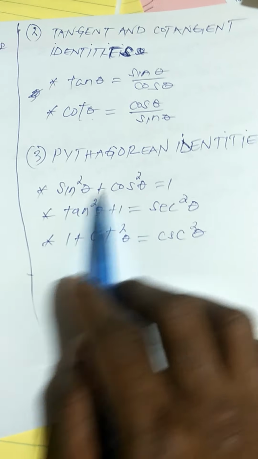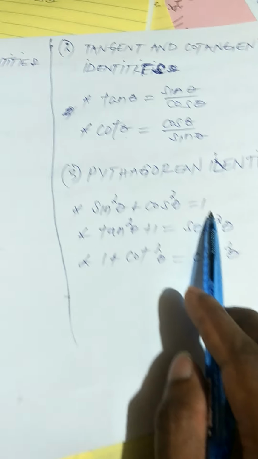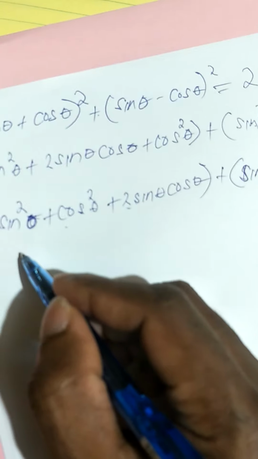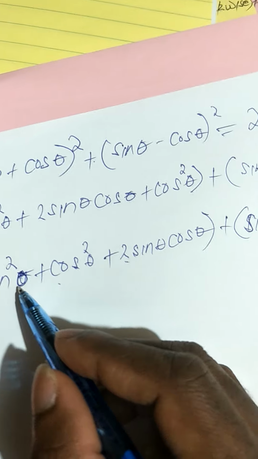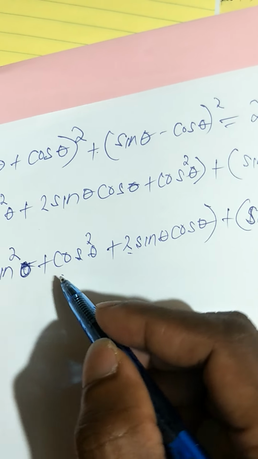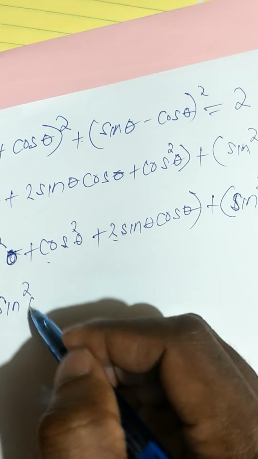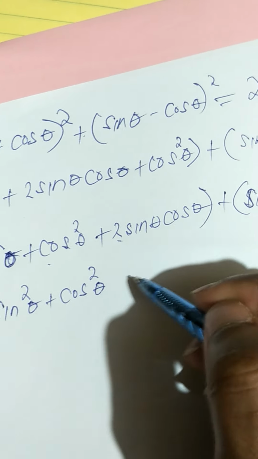Because I'm going to use this one again: sin theta squared plus cosine theta squared is equal to 1. So I'm going to use this one to simplify everything down to come up with the final answer. First I know that my sin theta squared plus cosine theta squared is equal to 1. This is the relationship, remember guys.